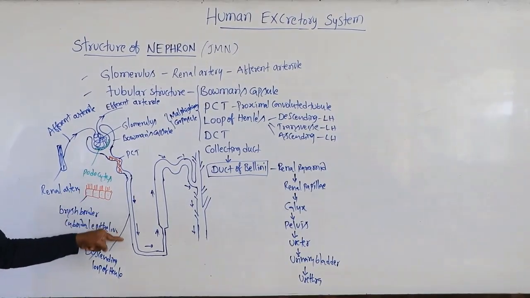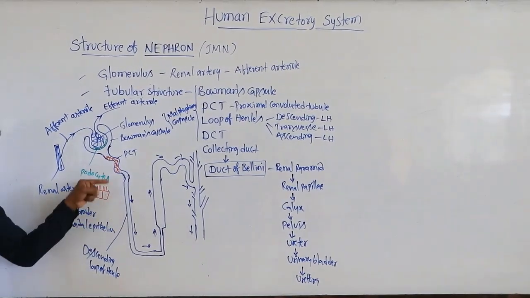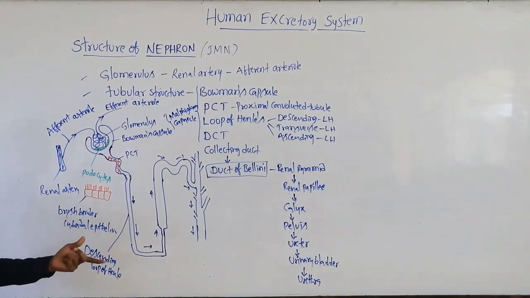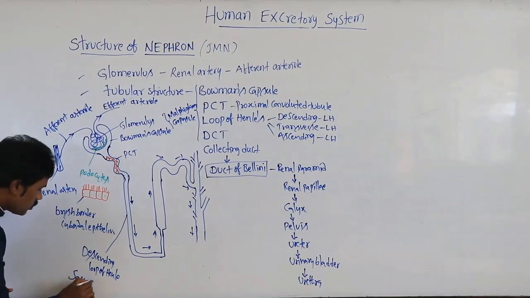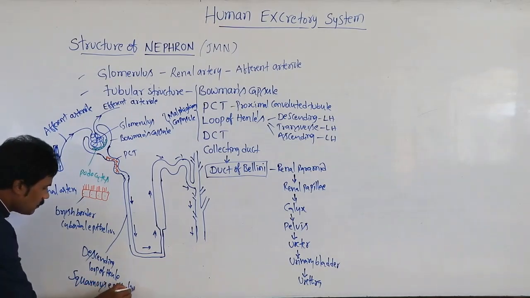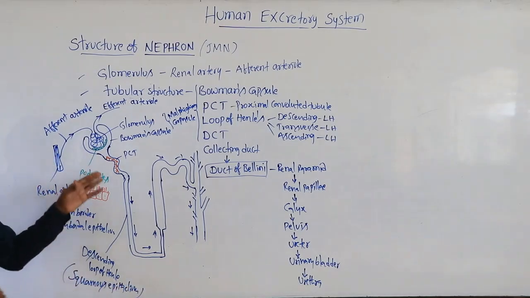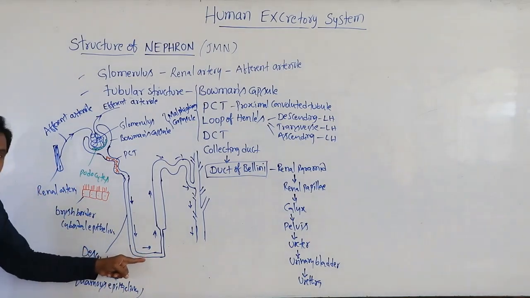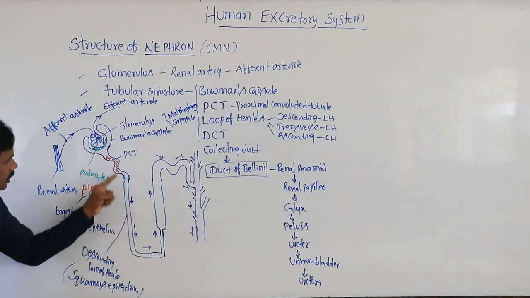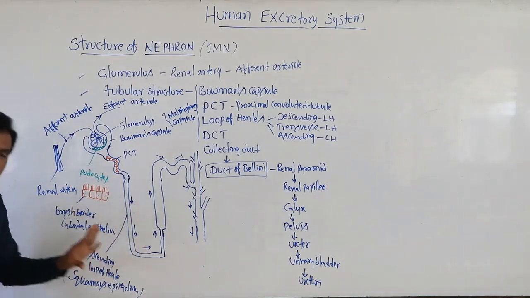The inner lining of the descending loop of Henle is squamous epithelium. It is lined with squamous epithelium, as is the transverse part of the loop of Henle.